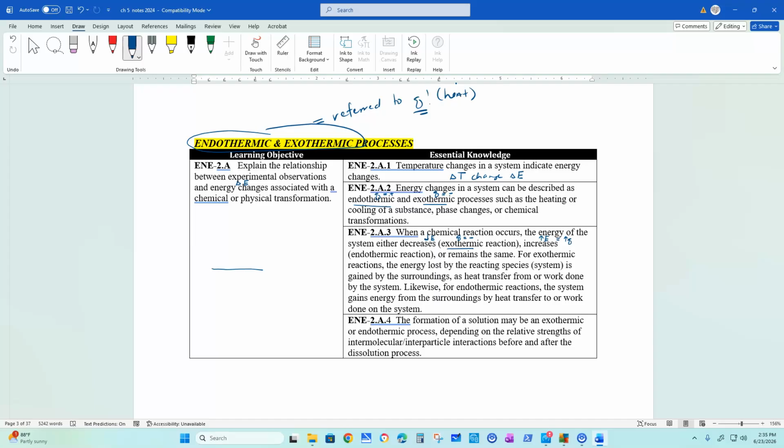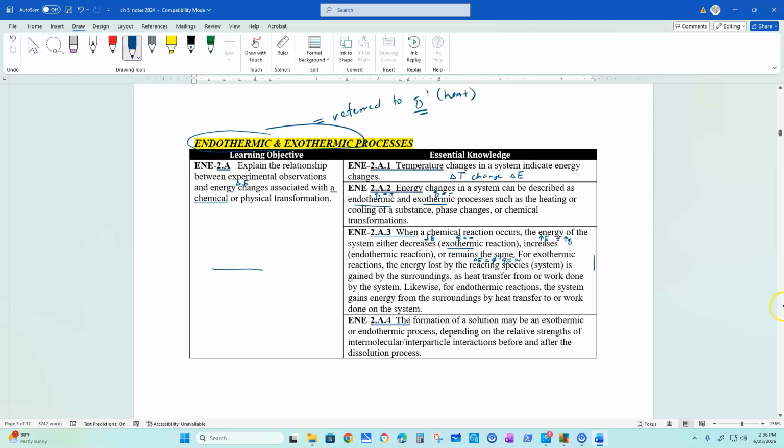Or remains the same. Well, if it remains the same, then that means my delta E is going to be 0, okay? So what does that tell me? That means my Q and W are the same value, but one of them is positive and one of them is negative. So for exothermic, the energy lost by the reacting system, species, is gained by the surroundings.